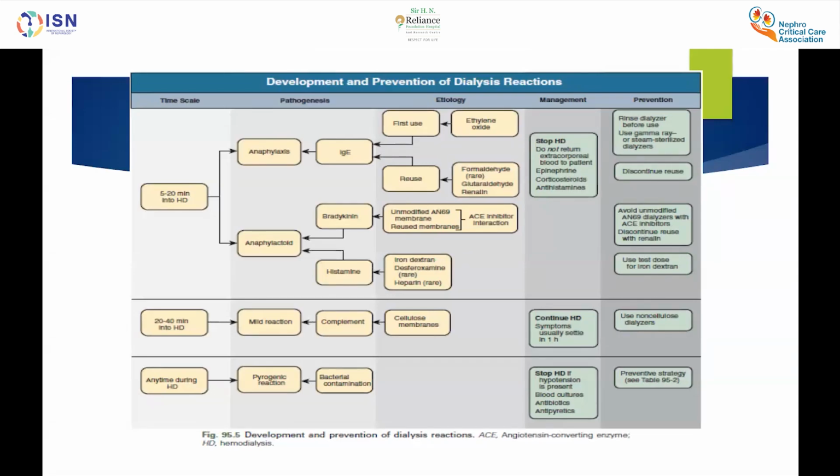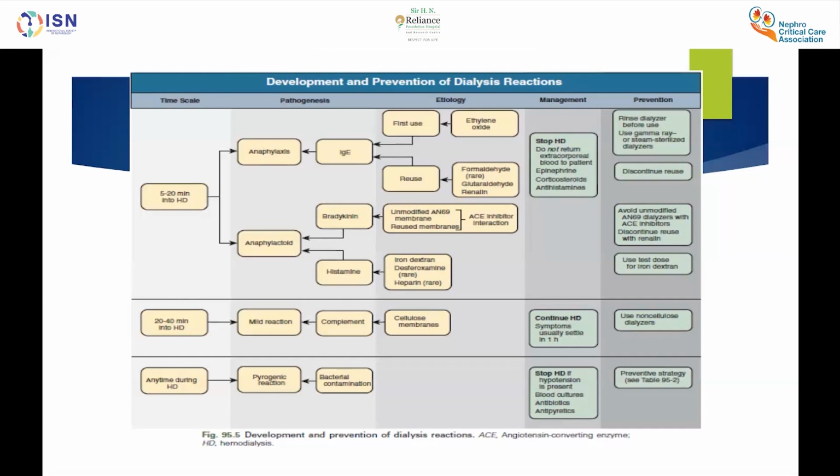Also, 20 to 40 minutes after starting the dialysis, you can see a mild reaction that can be complement mediated. In such a case, you can continue the dialysis because symptoms would usually settle in 1 hour. And you prevent this by using non-cellulose dialyzer membranes.